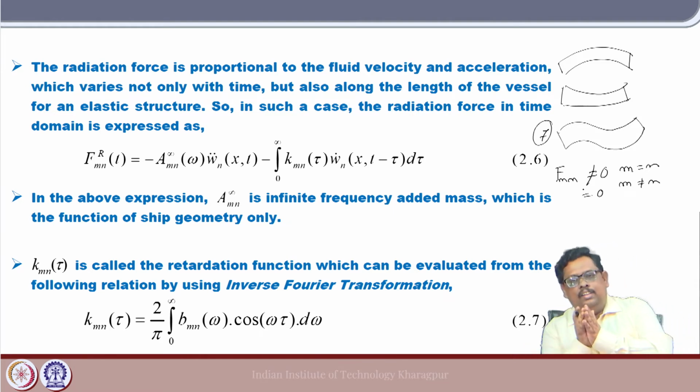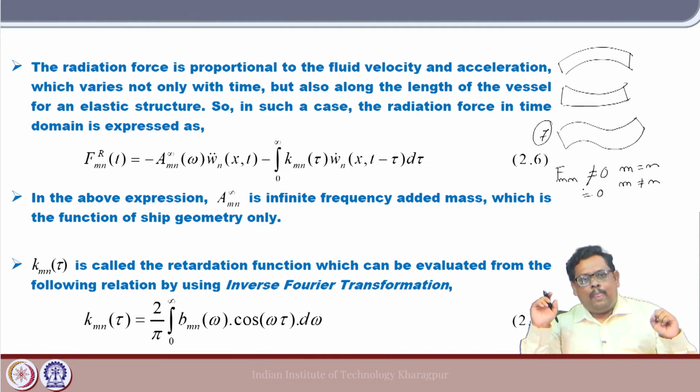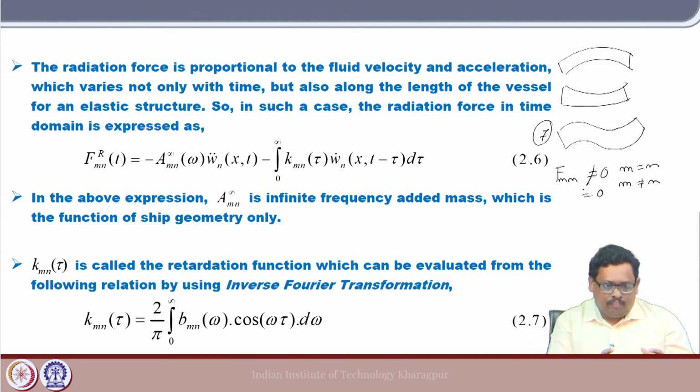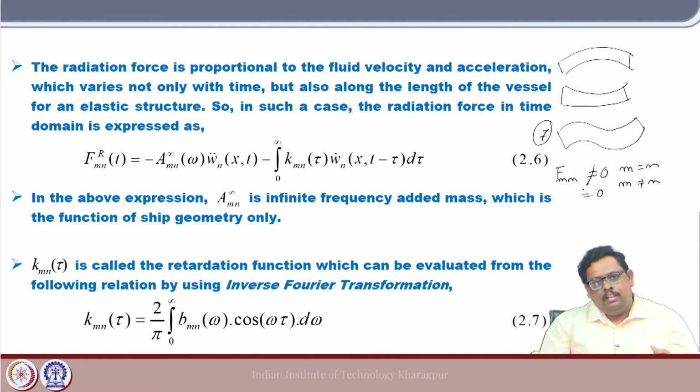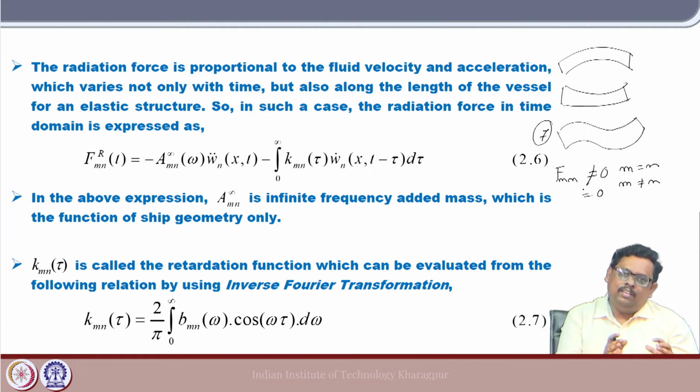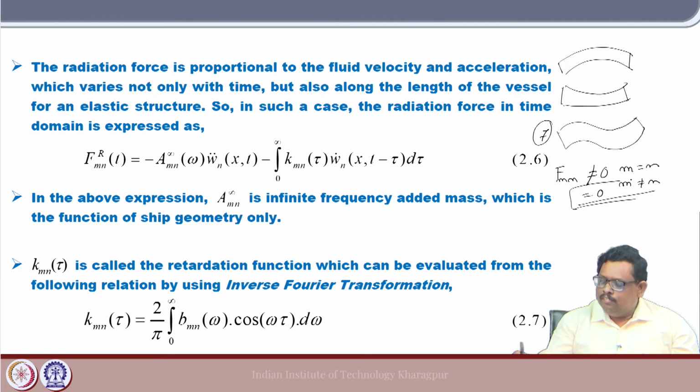So, it is actually a simplification, and if you read the journal, in fact for the plate, there is a study that sometimes this cross coupling added mass for the flexible body also has a big role. However, in our case, in a little simpler way, we assume that there is not much effect when m is not equal to n.